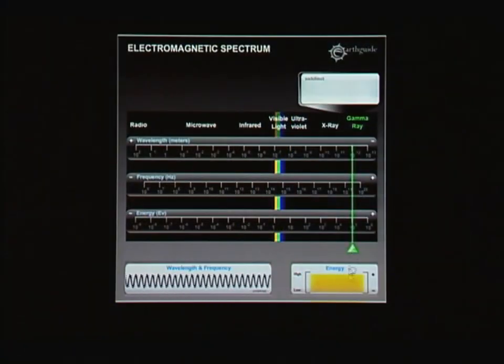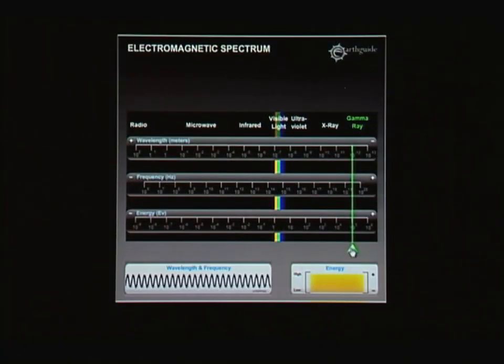If we look at this energy bar, for gamma ray, it's high, and as we go down this way, that energy is going to go down. So generally, the parts of the spectra that have longer wavelength contain less energy, so there's a one-to-one relationship to that, and so they're less dangerous.